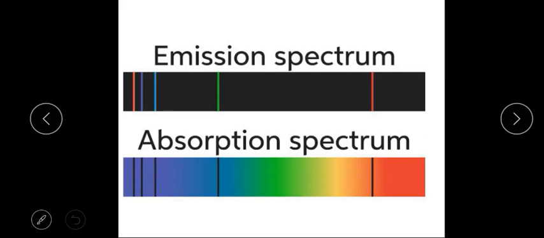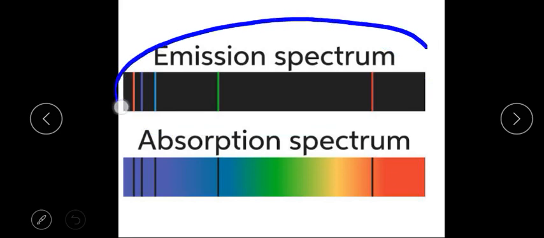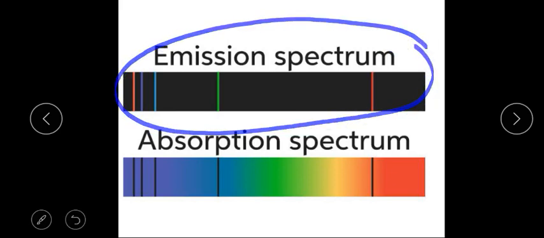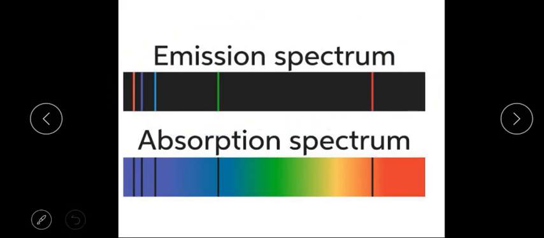The emitted radiation has a spectrum which contains specific wavelengths, and a spectrum of this kind is called the line emission spectrum. It consists of bright lines on a dark band. You can observe here the emission spectrum, with bright lines on a dark background.